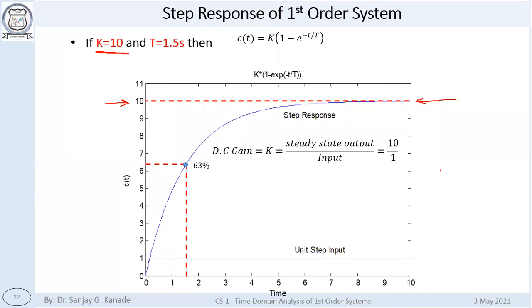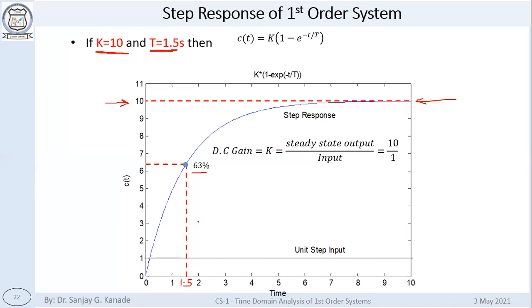You can see the graph now. At t equal to 1.5 seconds, the output is 63.2%. This is what the time constant is. So from the graph, you can also find out the values of K and T.